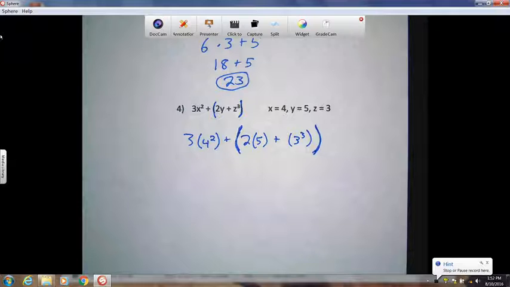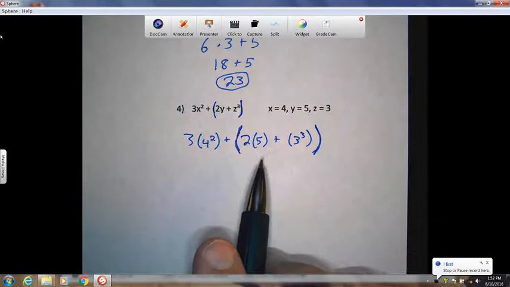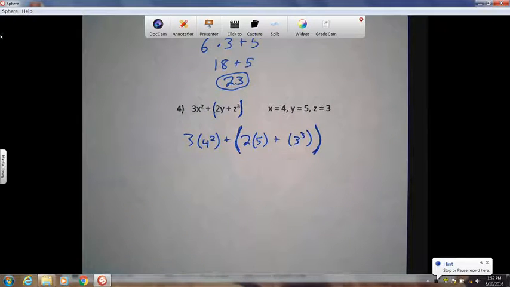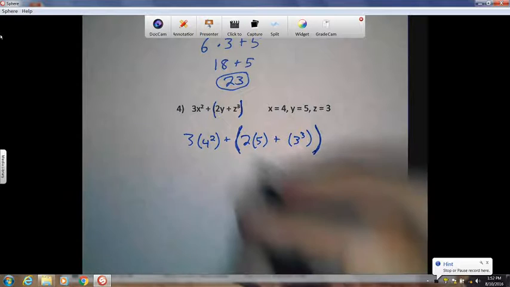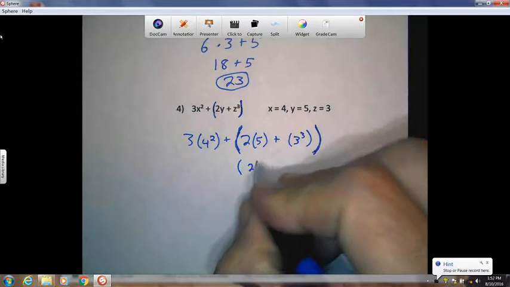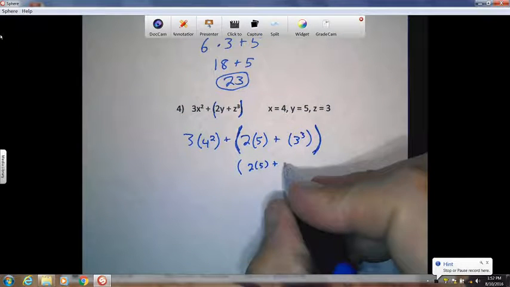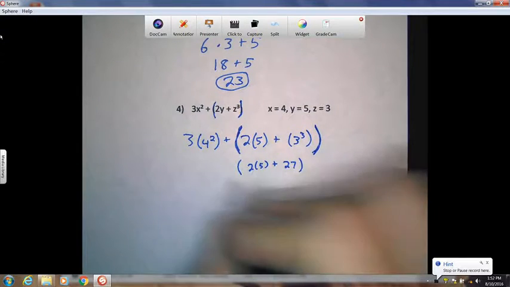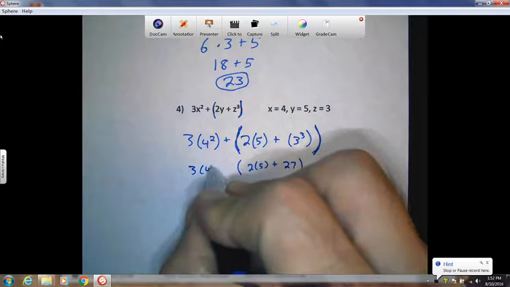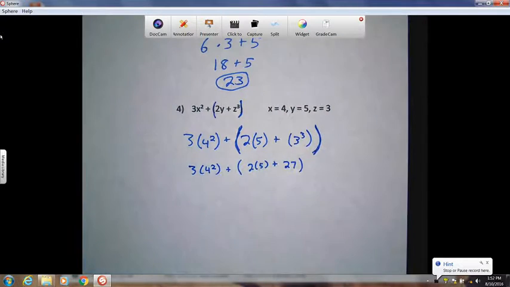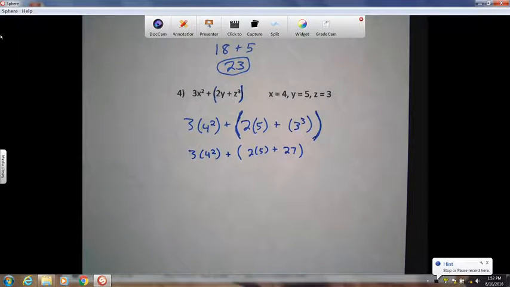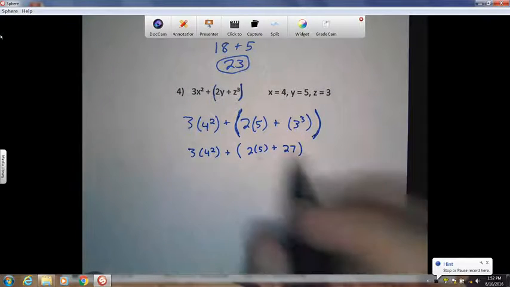Okay, so I need to work within my grouping symbols first. So here, I must complete powers. 3 to the third power is 27. Everything else can stay the same. 2 times 5 is 10.